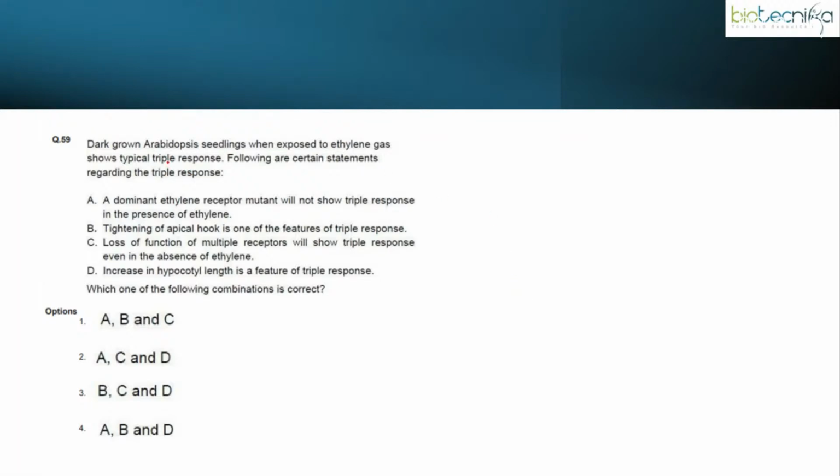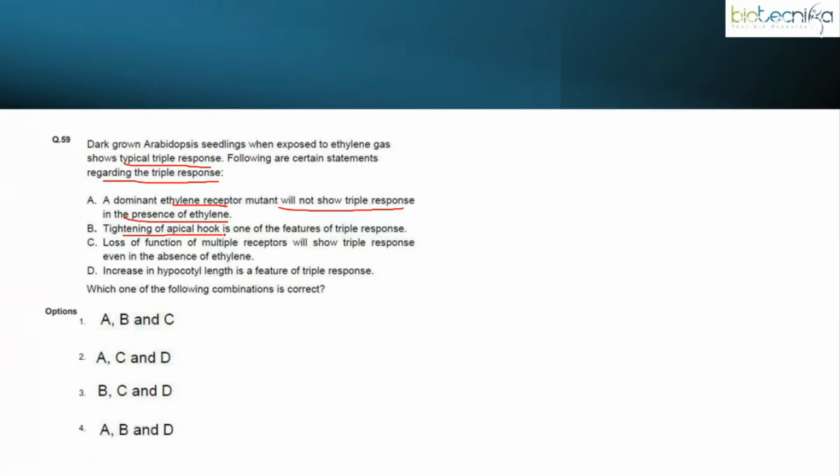Dark grown Arabidopsis seedlings, when exposed to ethylene gas, show the typical triple response. So here are some statements regarding the triple response. A dominant ethylene receptor mutant will not show a triple response in the presence of ethylene.